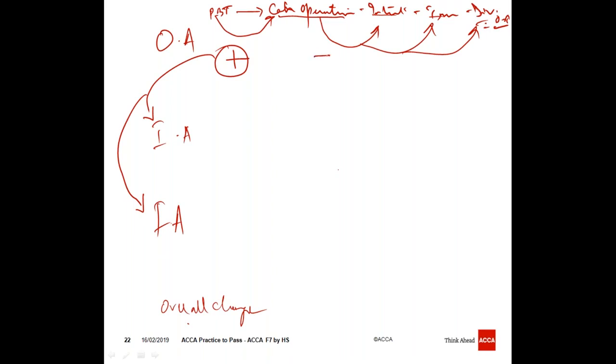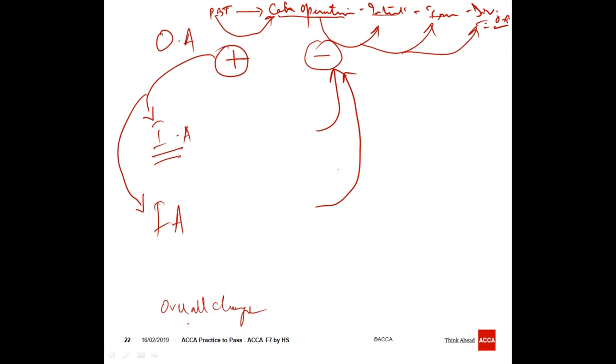Or if the answer of this operating activity is negative, then you have to tell the examiner where the company is going to settle this obligation. So the payment could be made from investing activity, or it could be made from the financing activity. Okay.